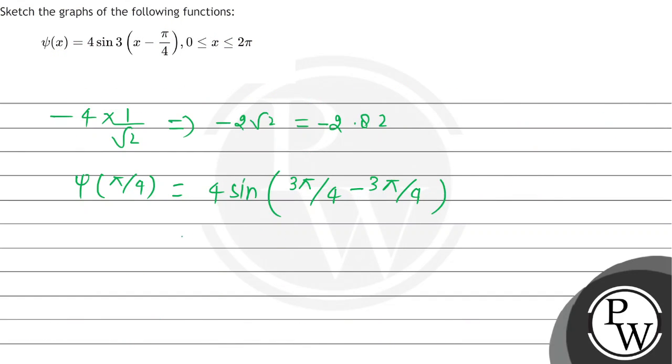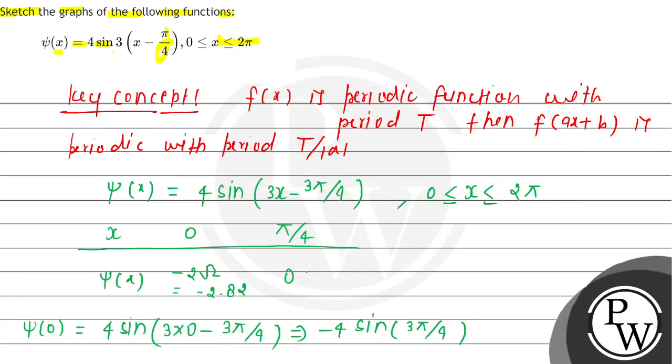So 3 pi by 4 and 3 pi by 4 will be 0, and we know that the sine always gives the 0 value at a 0 degree angle. So we can say psi of pi by 4 will be equal to 0. So now we'll check for other cases.